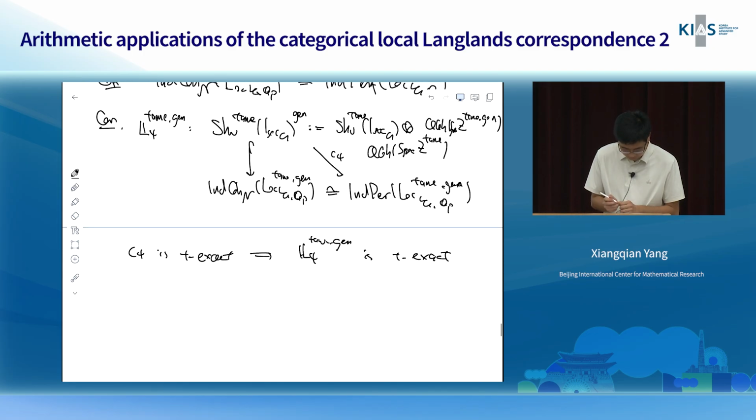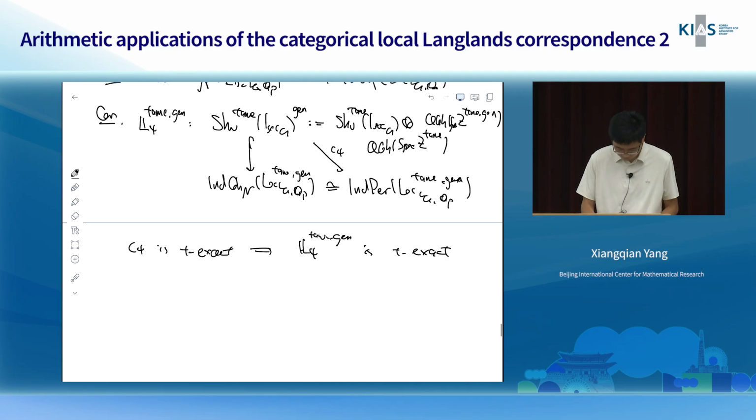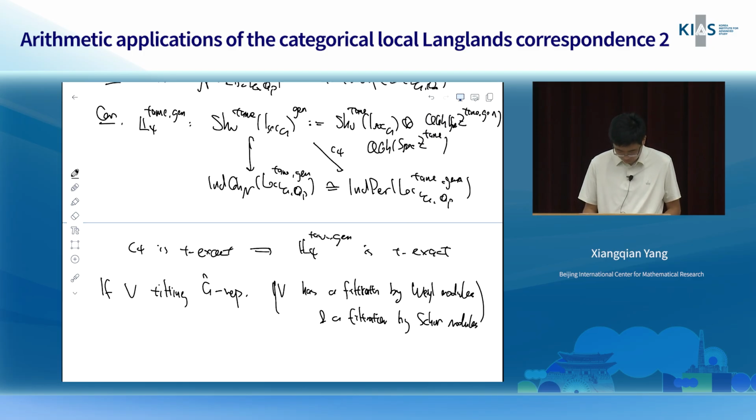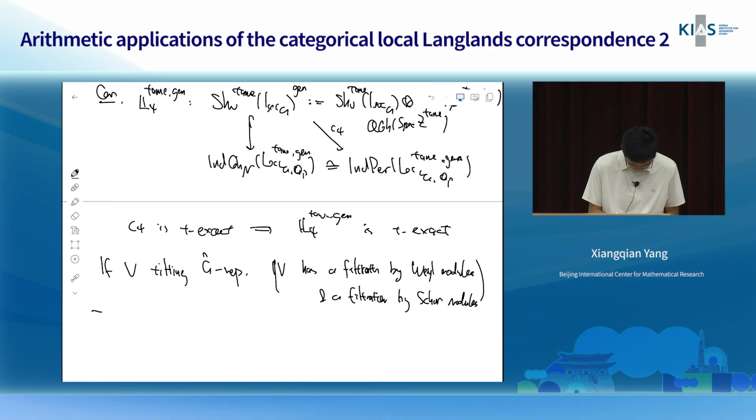Okay, and the consequence is that if V is a tilting G-hat representation, which means that V has a filtration by both Weyl modules and Schur modules, then this Hecke operator T_V will restrict to the tame part, the generic part.